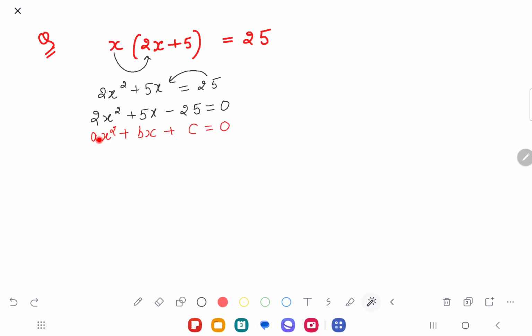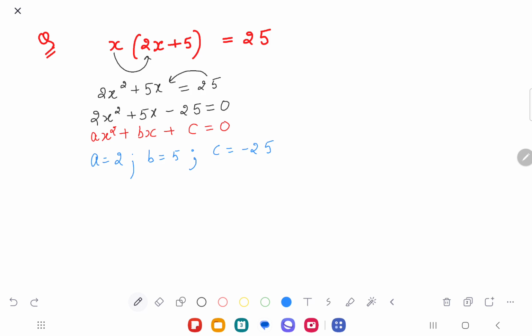That means the coefficient of x squared, a, would be 2, the coefficient of x, b, would be 5, and the constant c shall be minus 25. Are you understanding? So a would be 2, b shall be 5, and c shall be minus 25.